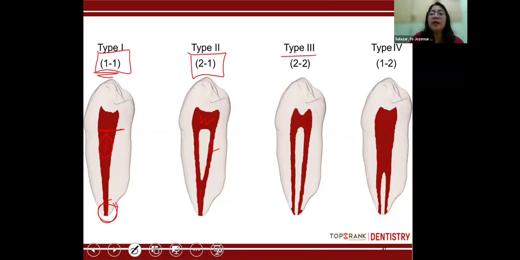Ang type 3 naman, 2-2. From the pulp chamber, dalawa, nag-exit din na dalawa sa apical foramen. And type 4, 1-2 kasi 1 from the pulp chamber, nag-exit ng dalawa sa apical foramen. Okay, so those are the different types of pulp canal. So type 1 is 1-1, type 2 is 2-1, type 3 is 2-2, and type 4 is 1-2.